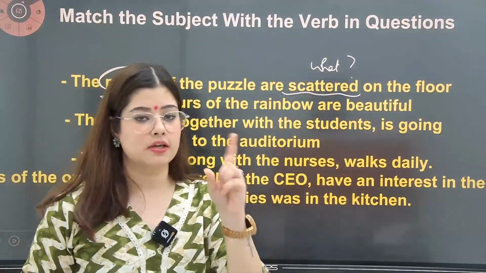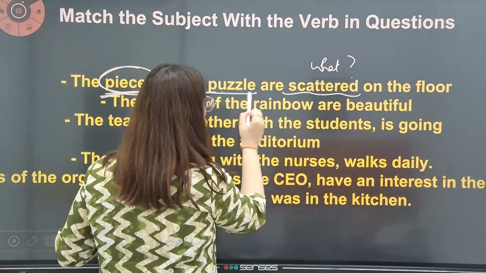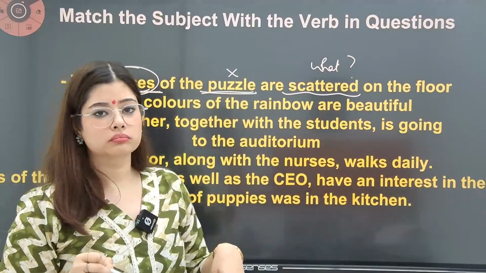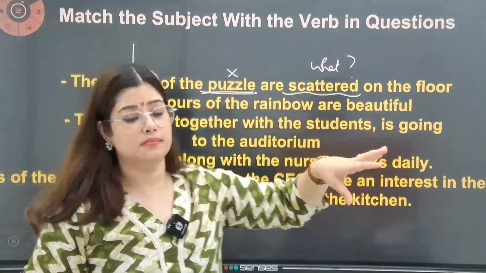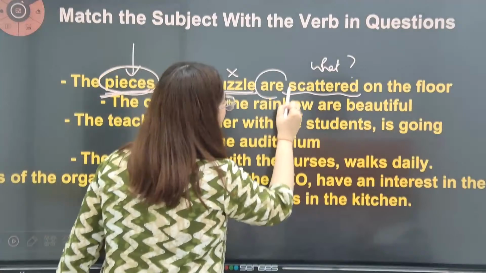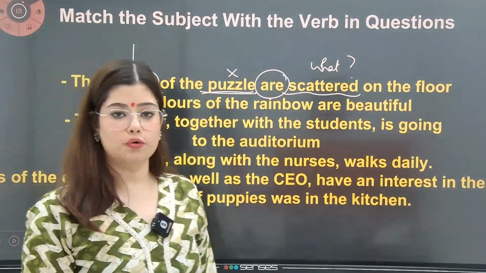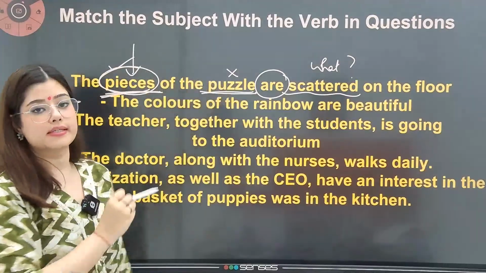Multiple pieces. Not one piece, multiple pieces. Here we are not going to consider puzzle, right? We are talking about the pieces of the puzzle being scattered. So the pieces of the puzzle are scattered on the floor. We have to consider this here and not this.